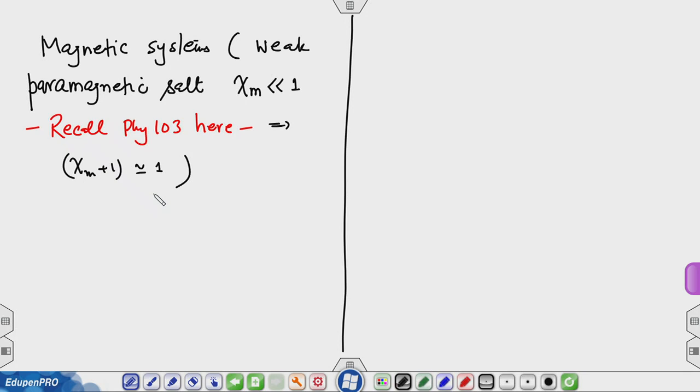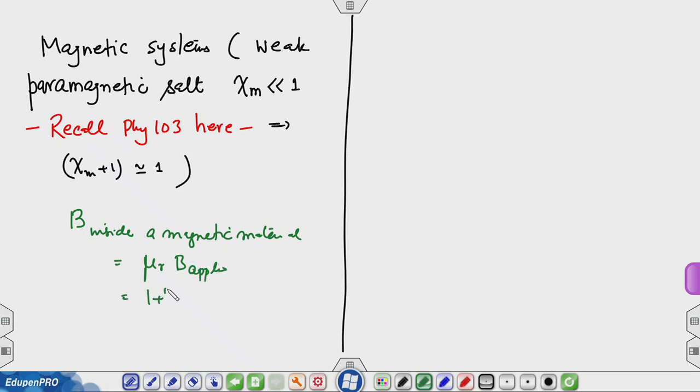Now, in such cases, when we take field B inside a magnetic material, it is equal to mu relative B applied, which is 1 plus chi m B applied. Let us call B applied B 0. So, this is almost B applied, and we are going to take this to be B 0.